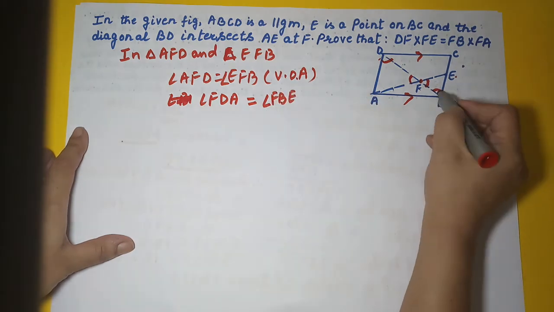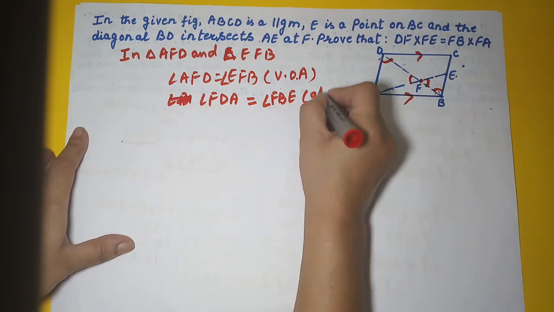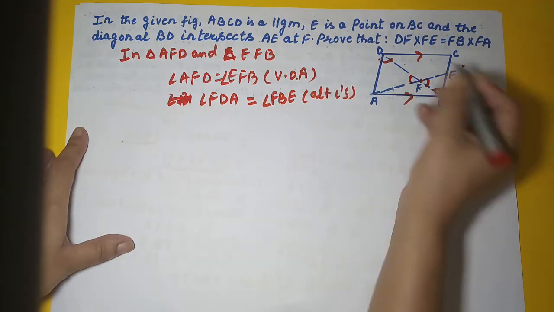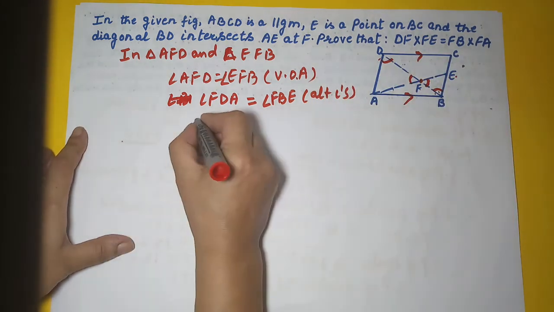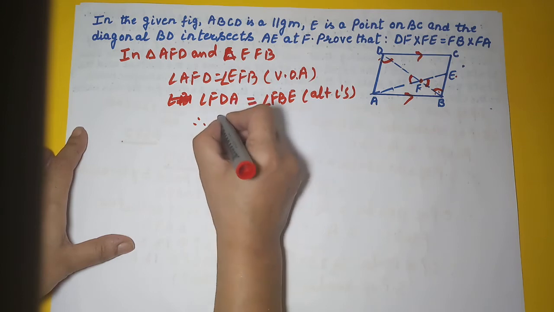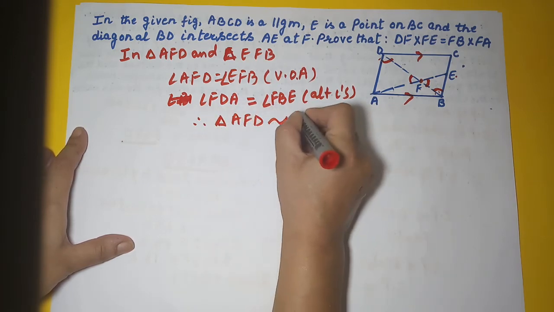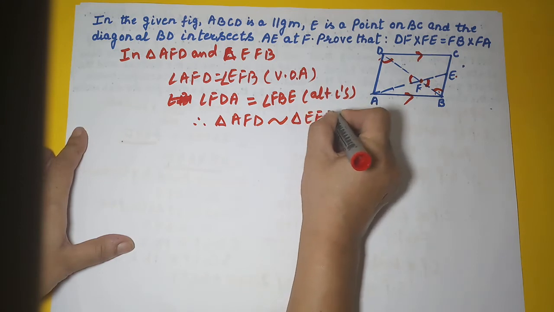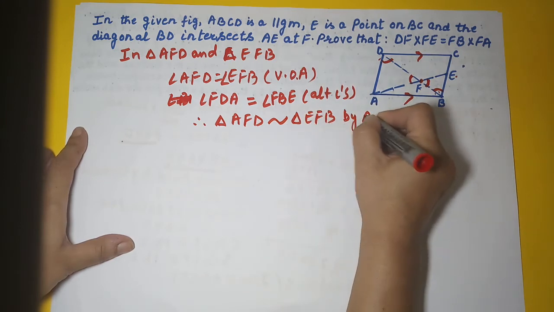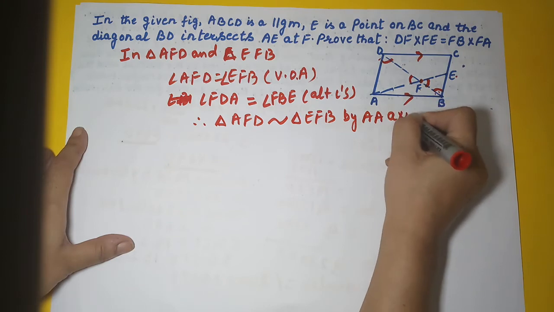We discussed that these are alternate angles. Why? Because DC is parallel to AB. Therefore, you can say that triangle AFD is similar to triangle EFB by AA axiom.